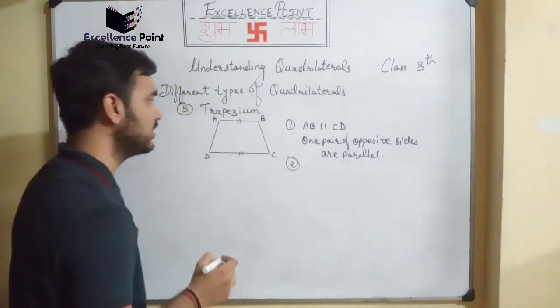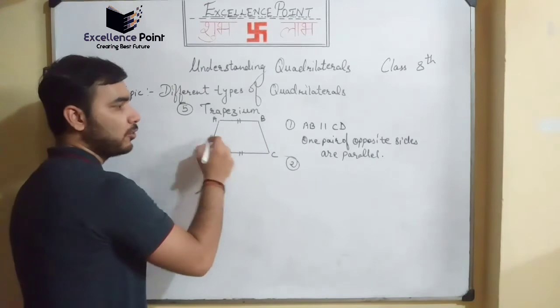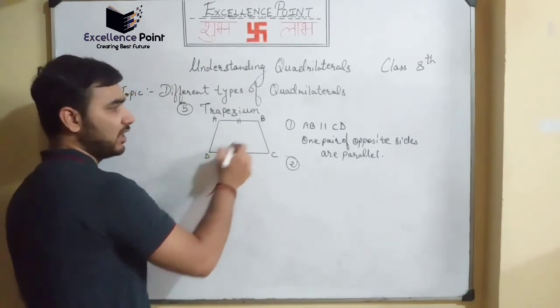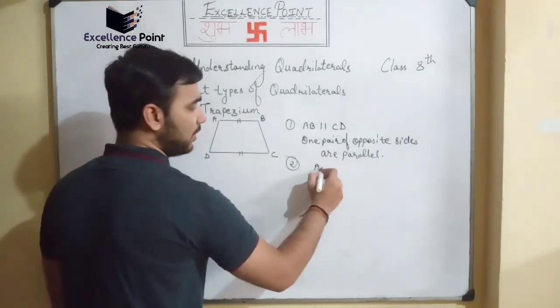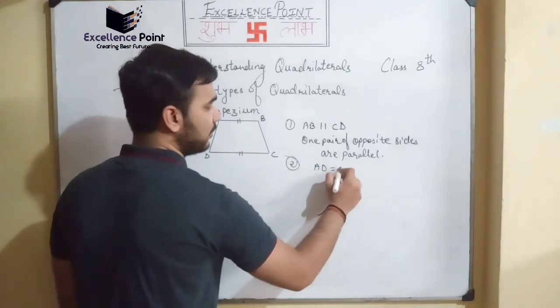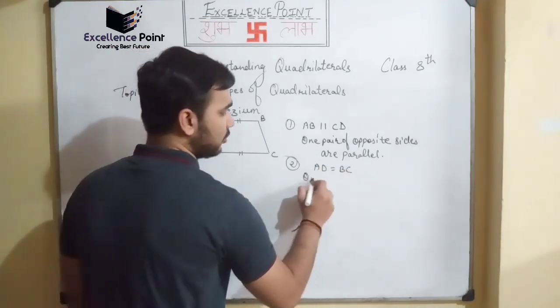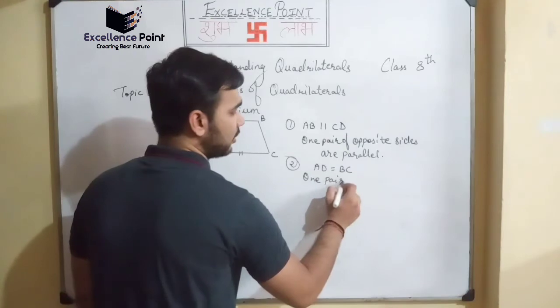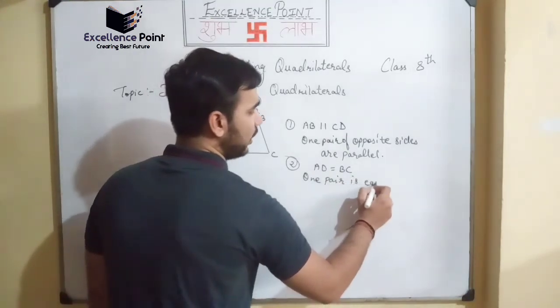Second property, you will see that one pair of opposite sides are equal also. So AD is equal to BC. One pair is equal also.